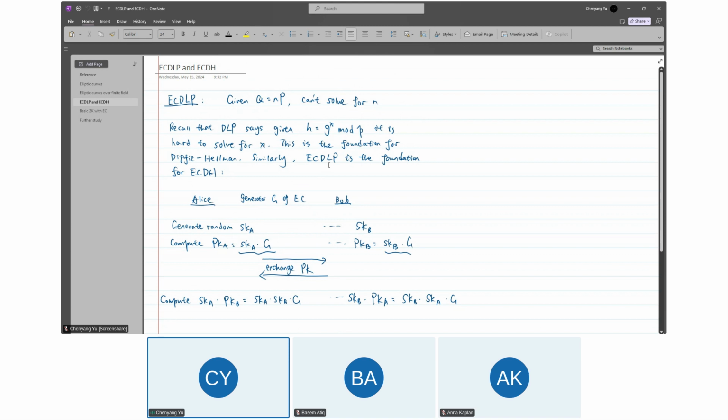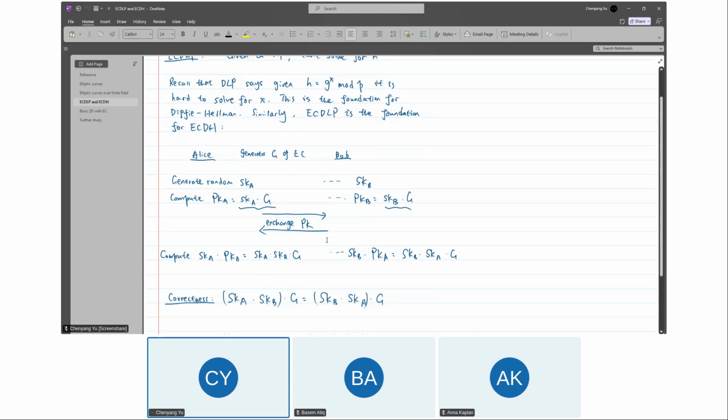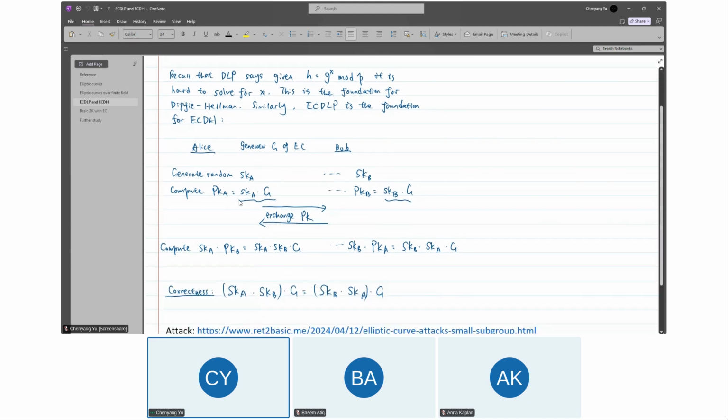I don't think there's a formal proof of how hard ECDLP is. But right now, the assumption is that it is impossible to break without a quantum computer. For example, you give me SK times G. For Eve, it is impossible to compute SK if Eve does not have a quantum computer.